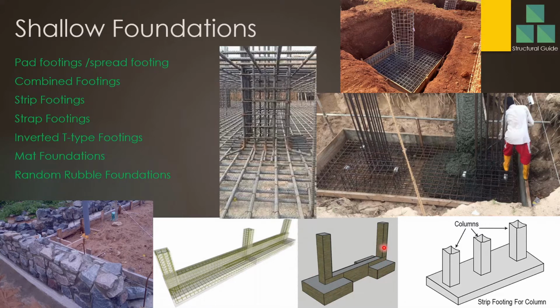Now where do we construct strap footings? In constructions where, due to space limitations, sometimes we continue the construction up to the boundary. In such cases, we can't continue the foundation beyond our boundary. We can't put foundations in somebody else's land.